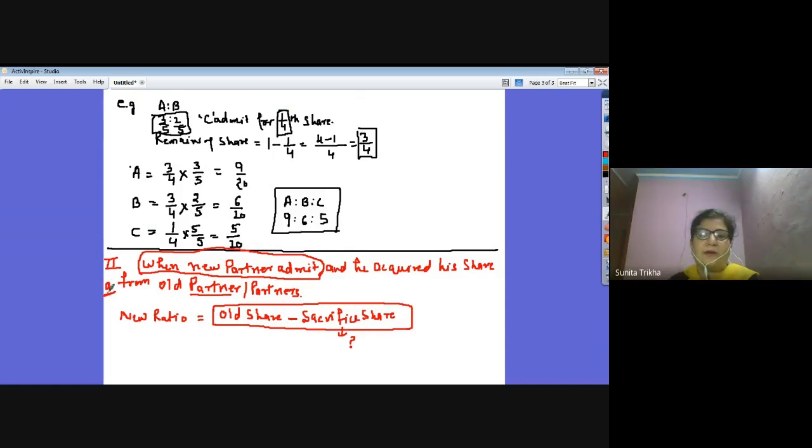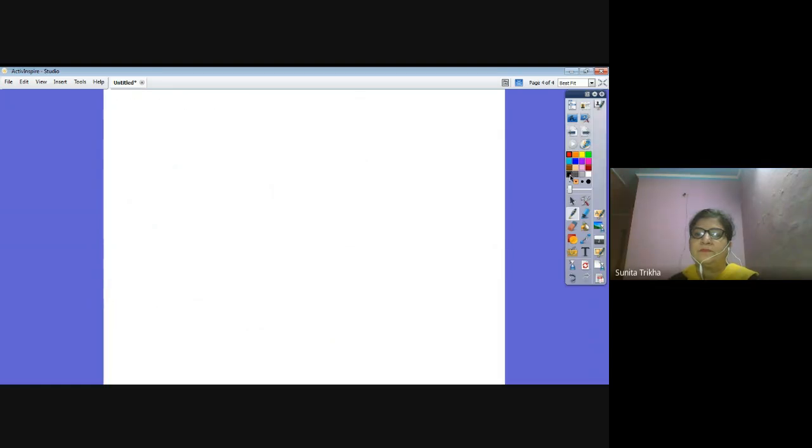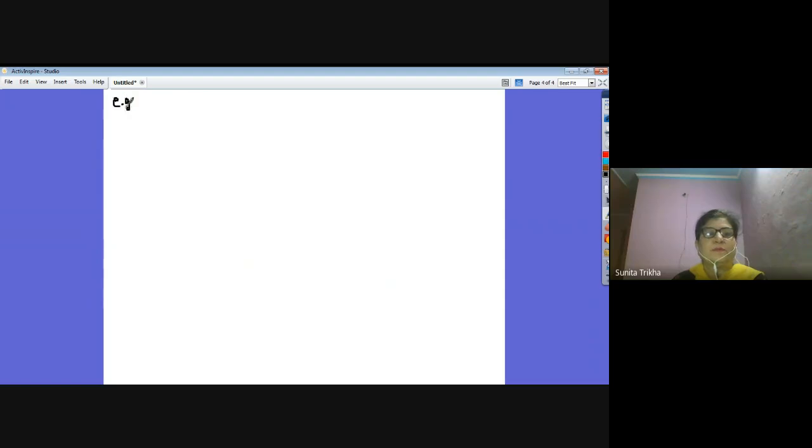First, the A part. Suppose A and B are partners, sharing 3:2, and C is admitted for 3/7 share.